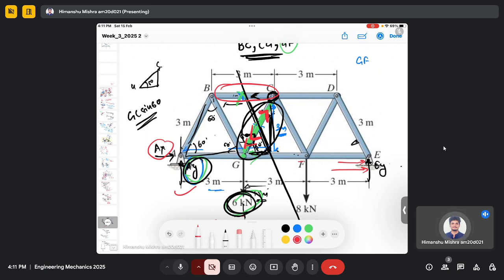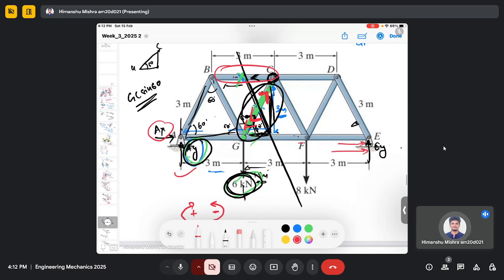Here we need to think how to calculate the force in BC. If I consider the summation of force in x direction, then I have to consider the force in BC and the component of force in GC, and that's it.